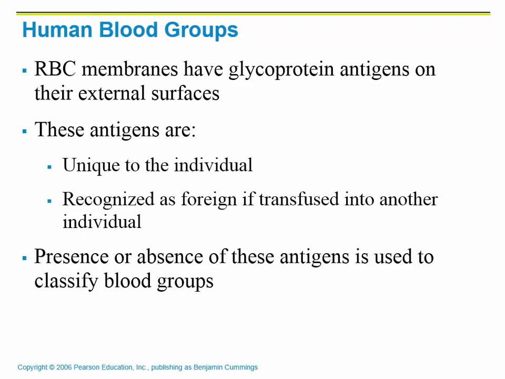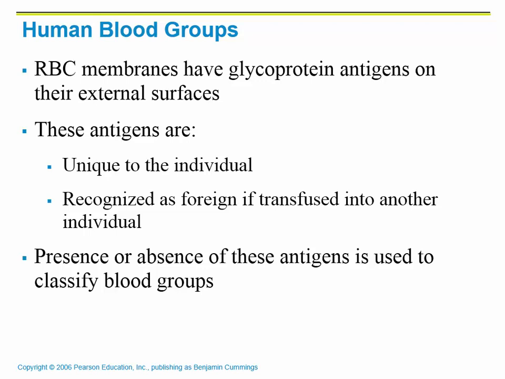The red blood cell membranes have a glycoprotein, which is just a sugar-coated protein called an antigen on the external surface. The antigens say what kind of blood cell it is.